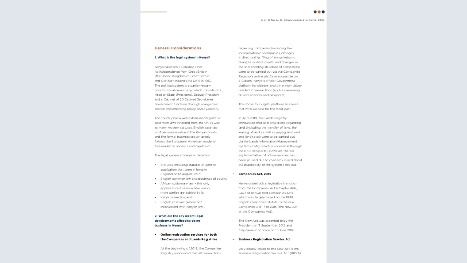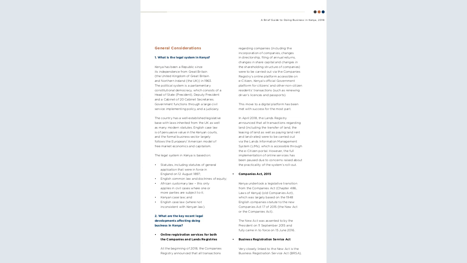The political system is a parliamentary constitutional democracy, which consists of the head of state, that is the president, the deputy president, and the cabinet of 20 secretaries. The government functions through a large civil service implementing policy, and the judiciary.